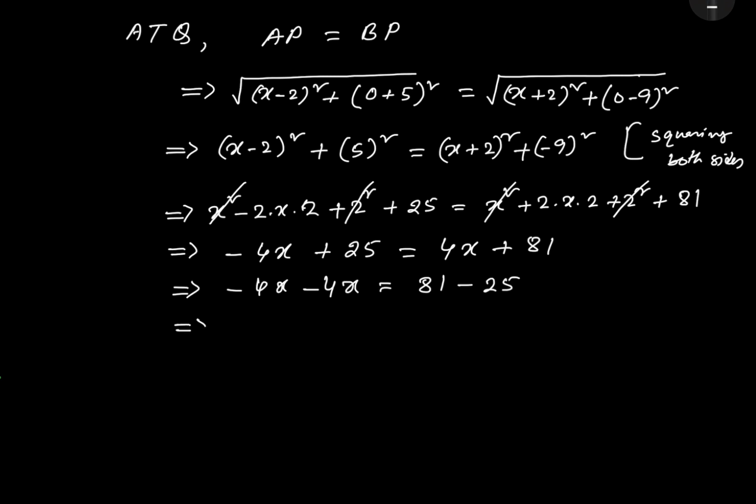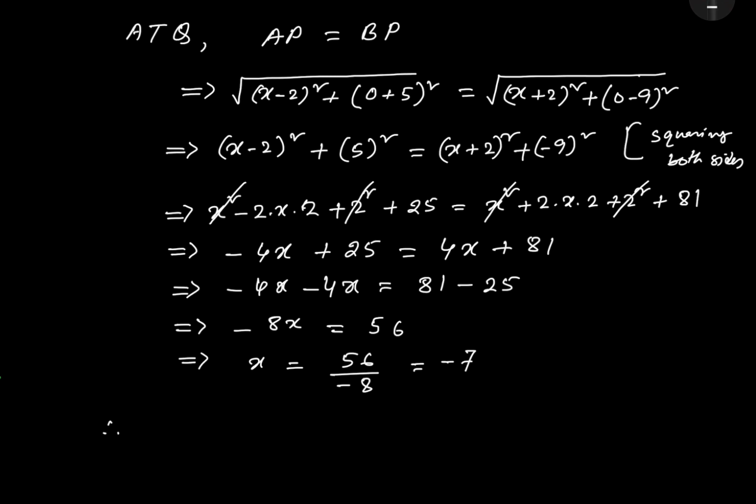Now simplify. Minus 4x minus 4x is minus 8x, and here 81 minus 25 is 56. So x will be 56 by minus 8. This is minus 7. Okay, after cancelling.